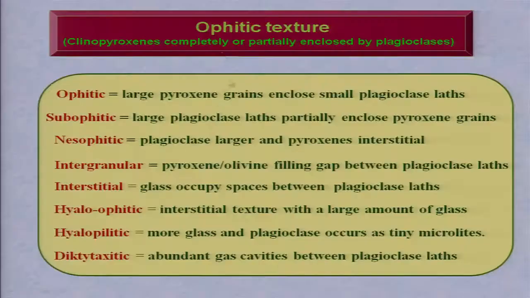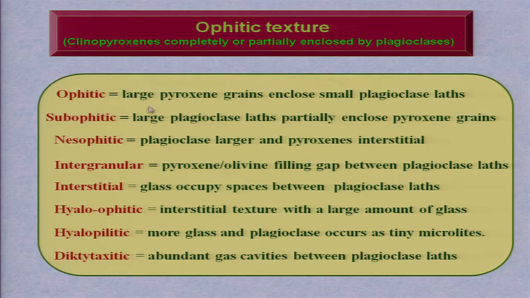Now, I am discussing a very specific variety of poikilitic texture which is also known as ophitic texture. In this ophitic texture, the clinopyroxene is completely or partly enclosed by plagioclase laths. We classify it into a variety of textures.